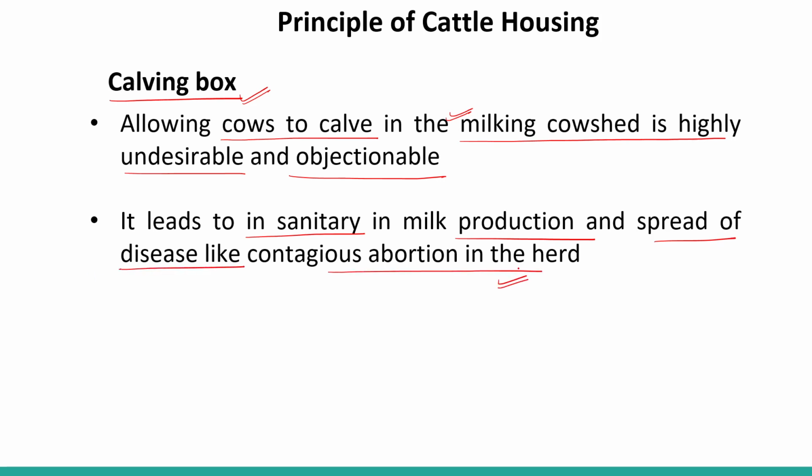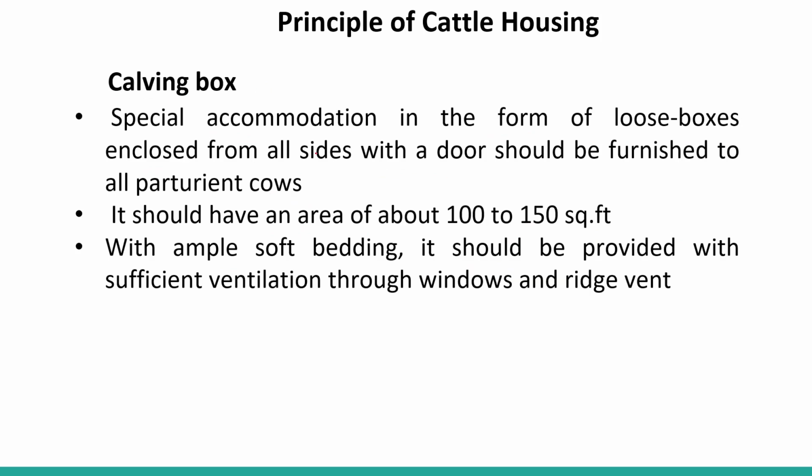When a lot of animals live along with their calves, there is a chance of spreading disease, and we cannot keep milk production sanitary. So we want a calving box for that. Special accommodation in the form of a loose box enclosed from all sides with a door should be furnished for all parturient cows.